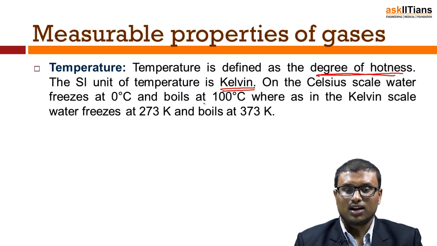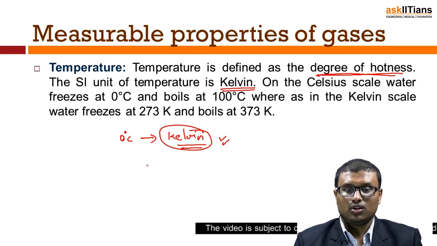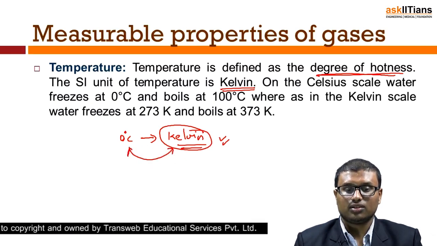But now you have to understand how to convert degree centigrade to Kelvin, because the SI unit of temperature is Kelvin, and that's why I have to define my temperature in Kelvin. So what is the relationship? Just like you have relationships between the units of volume and pressure, you should also understand how to relate the different units of temperature.